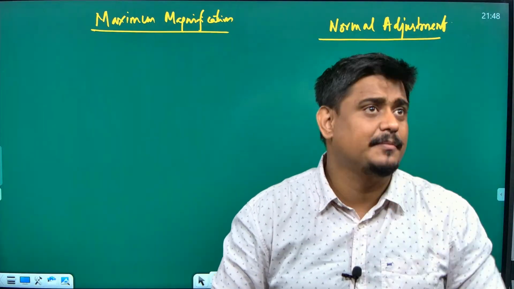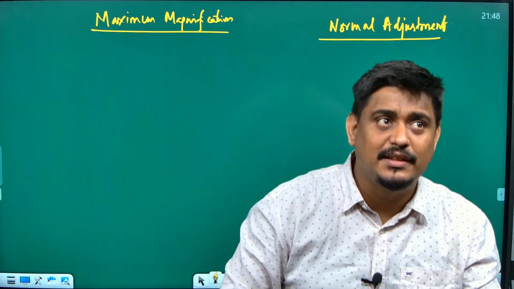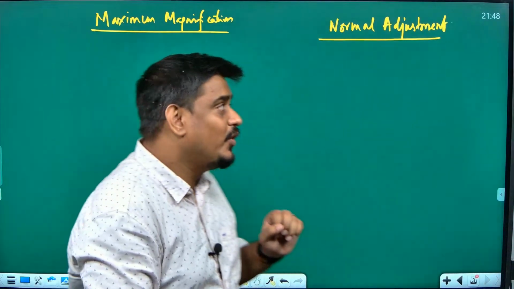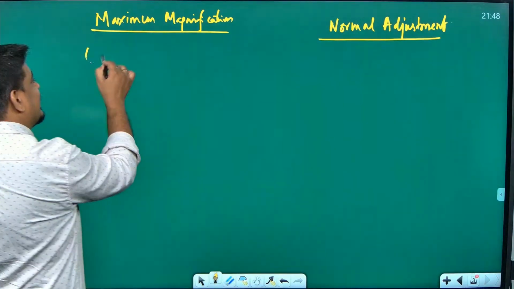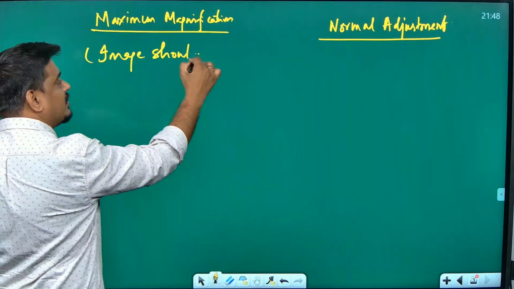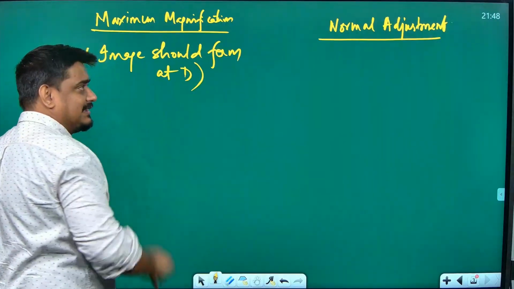Obviously 30 centimeter, because the image is forming near the value of D. So if you want maximum magnification, the only condition is the image should form at D.